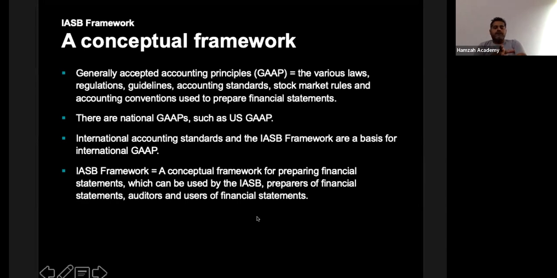If we talk about this IASB framework, it is a conceptual framework for preparing financial statements, which can be used by the IASB, preparers of financial statements, auditors, and users of financial statements. Now, the IASB framework has several purposes. These include helping the IASB when it develops new accounting standards, and helping preparers, auditors, and other users of financial statements.